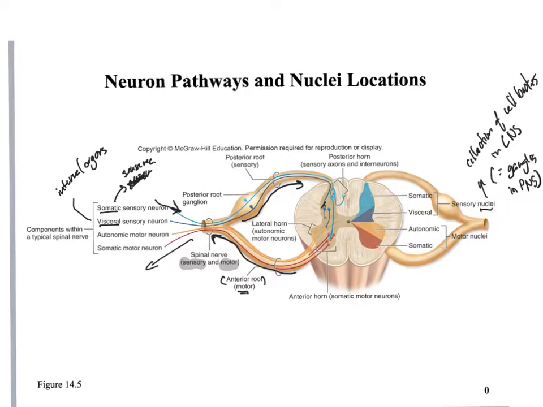There's an autonomic part and a somatic part. The autonomic is involuntary, automatic responses, and the somatic is conscious thought, kind of voluntary responses.